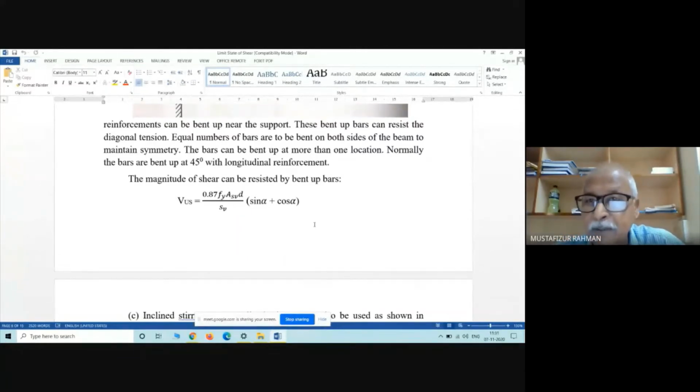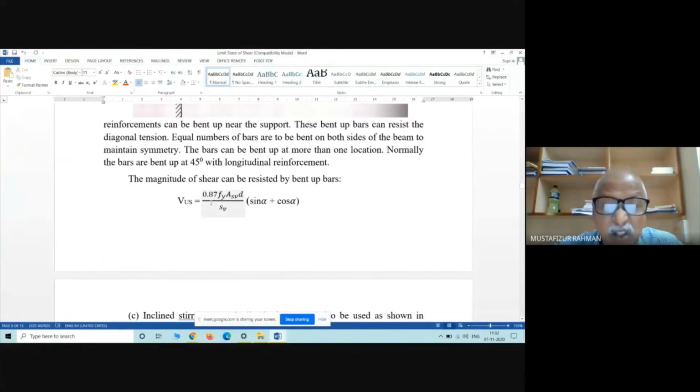Differently, we can resist the shear only by vertical stirrup. Vertical stirrup means the alignment of the stirrup is perpendicular to the longitudinal axis, along the y direction, and it is to be given at some spacing throughout the length, Sv.